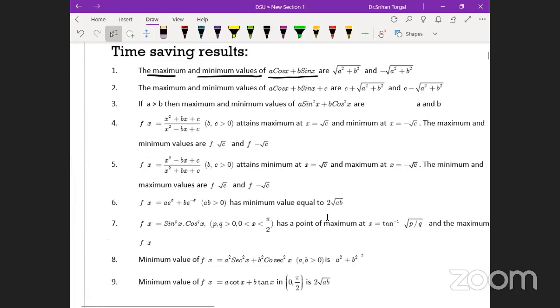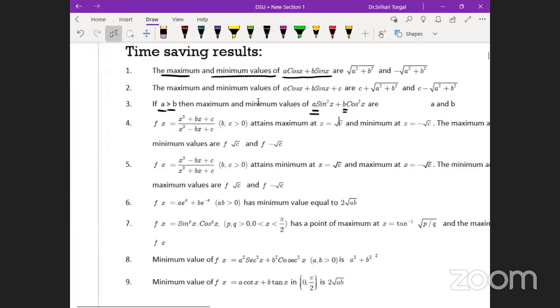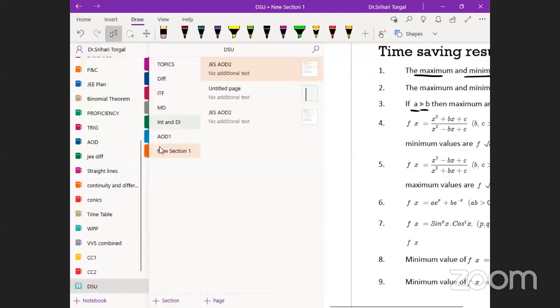Okay? Right. And one more thing. If a is greater than b, you have to remember here, a greater than b. If this a value is greater than this b, then the maximum and minimum values of a and b are... I'll tell you that. If a square is there, if it contains square, yeah.